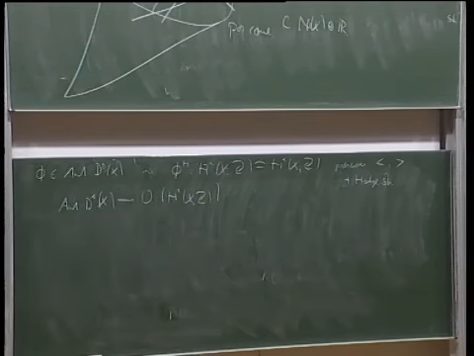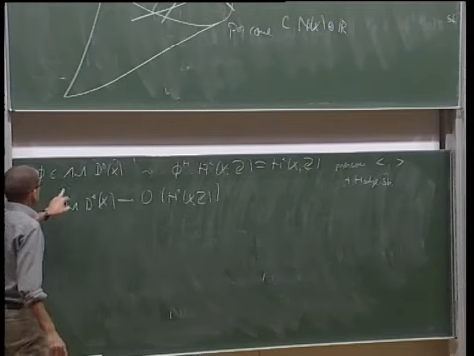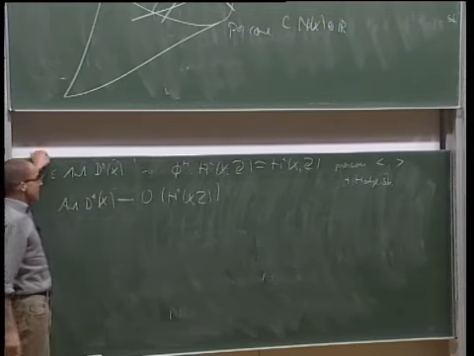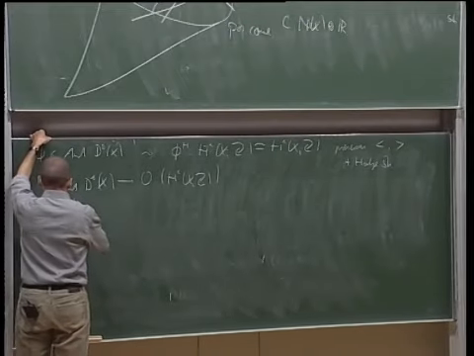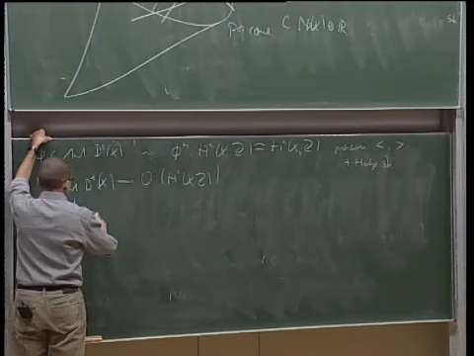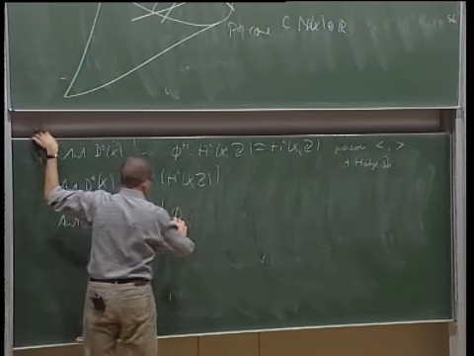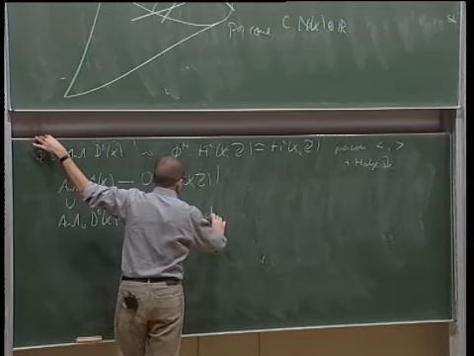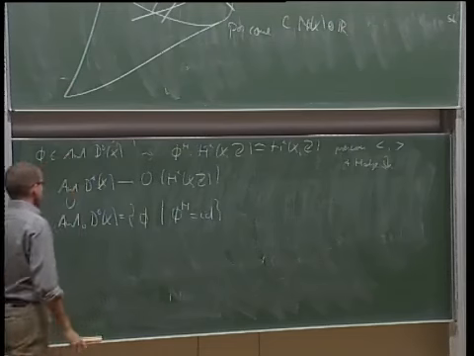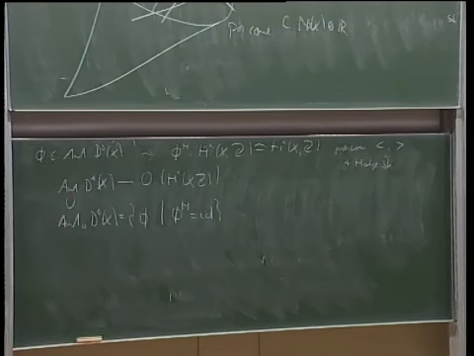And if I put the 0, that means I want to take those that act as the identity on cohomology. So that's the kernel of this representation.